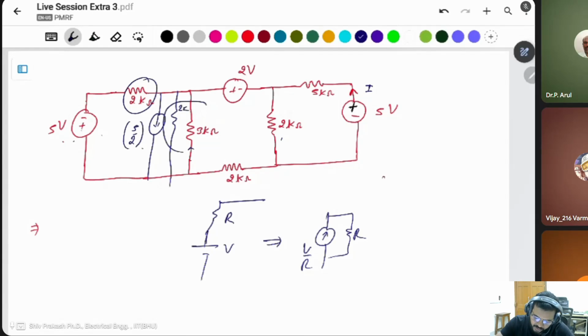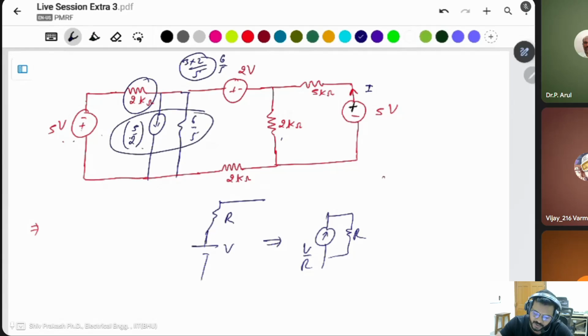Then find these two. You can find the equivalent as 3 into 2 divided by 5, which is 6 by 5. So there is a resistance with value 6 by 5, and the current source is this one.